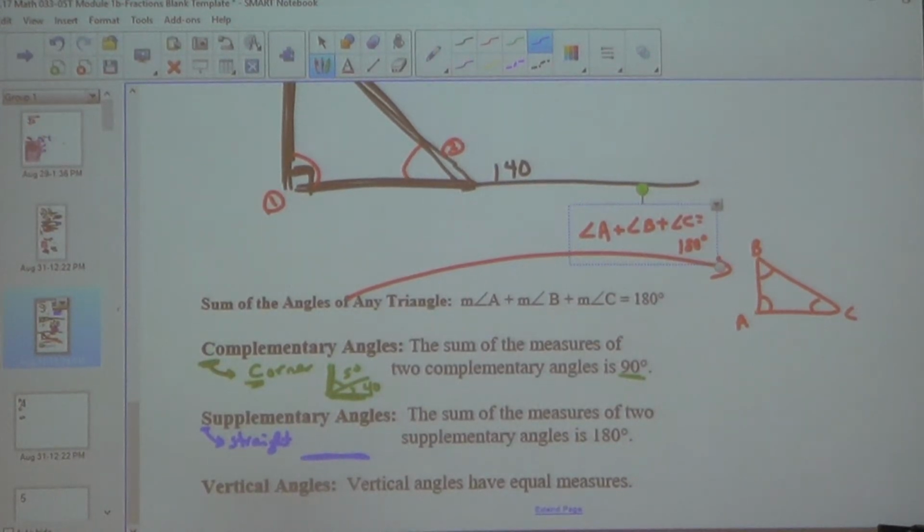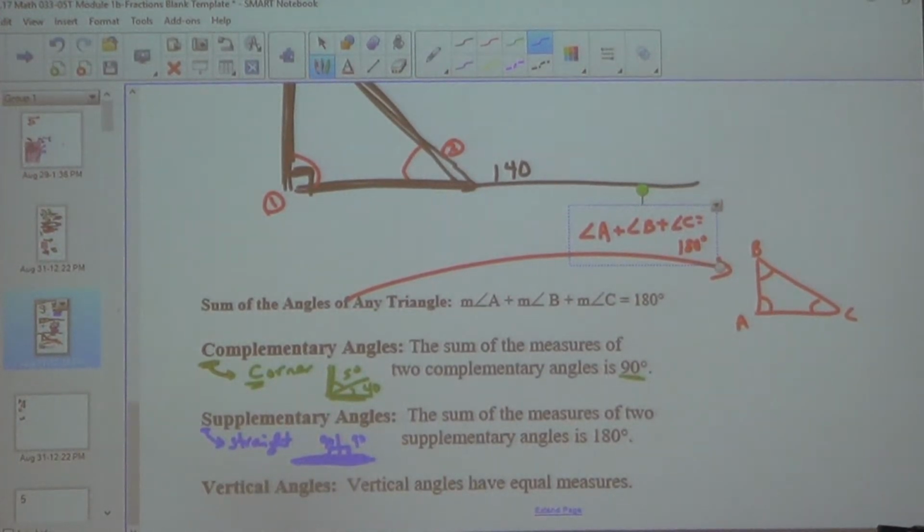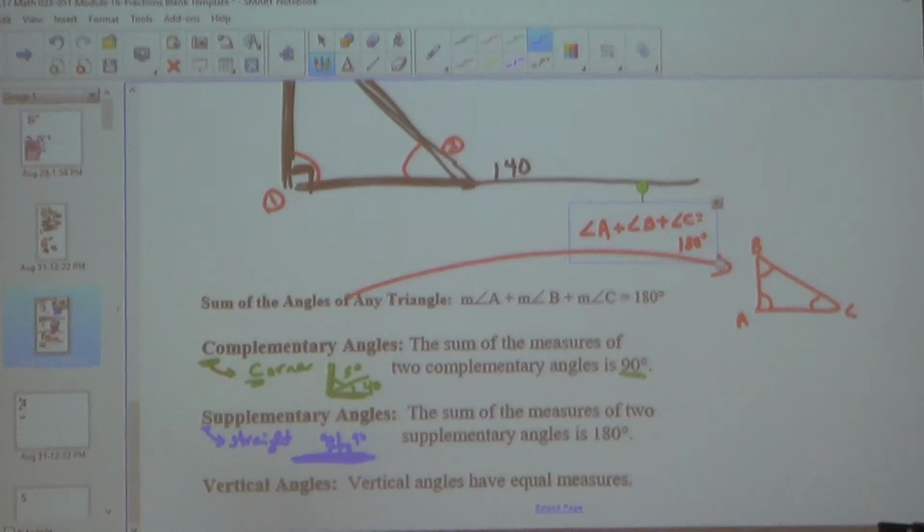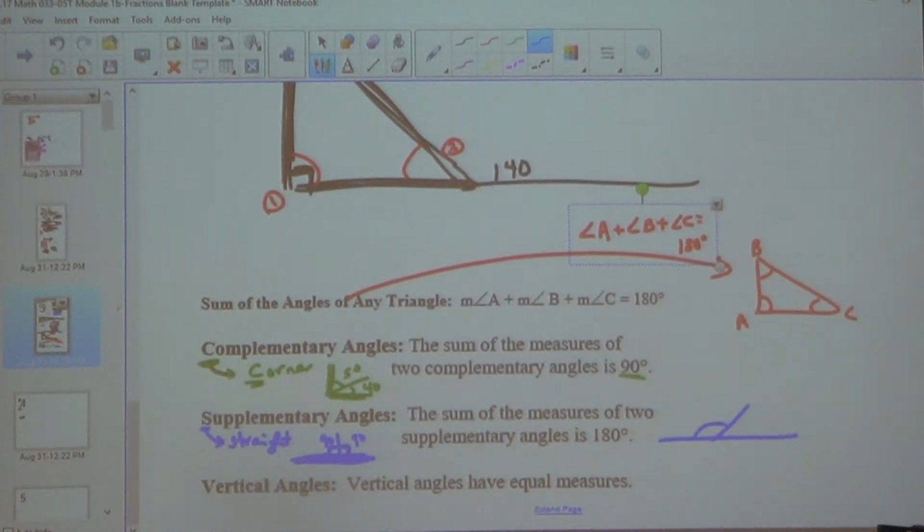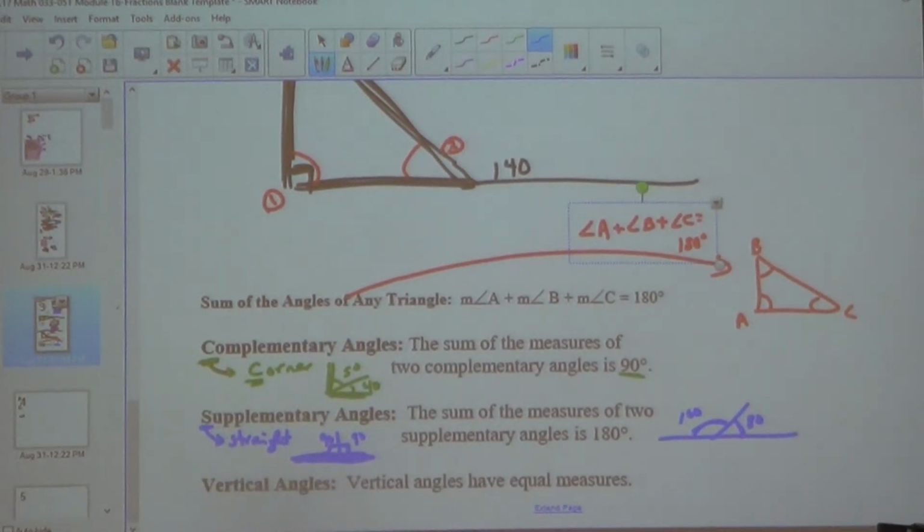So if there's 90 degrees this way, and there's 90 degrees that way, there's 180 degrees in a straight line. So if I have a straight line, and this one is 100 degrees, that one's got to be 80 degrees. So supplementary means they have to make a straight line, which always equals 180 degrees.